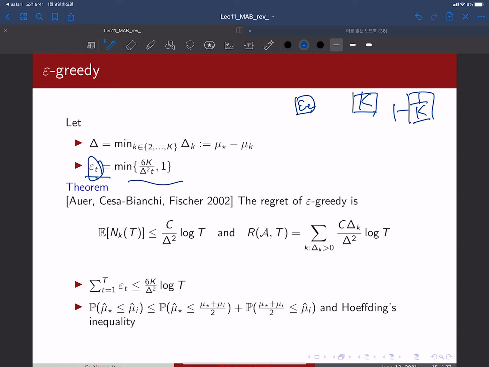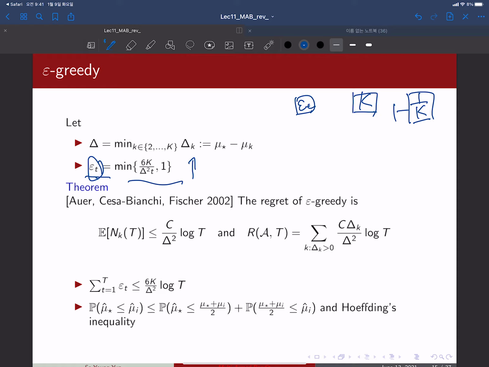So this is one strategy for how to choose the epsilon value. There are a bunch of other strategies to choose this epsilon t value, but we have to very carefully choose this epsilon t. When we increase this epsilon t, we will introduce additional regret, right?